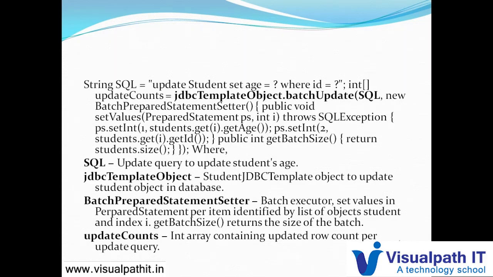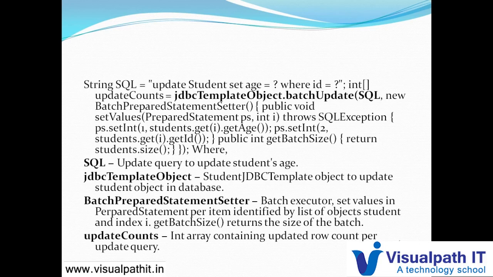So first, this batch prepared statement setter is a batch executor which sets the value to the prepared statement per item identified by the list of objects, student and index i. Here get batch size returns the size of that particular batch.